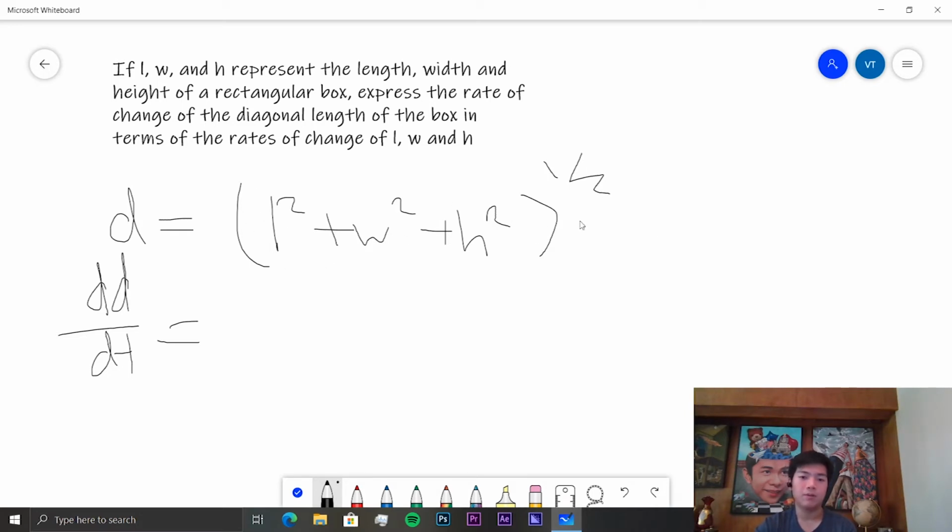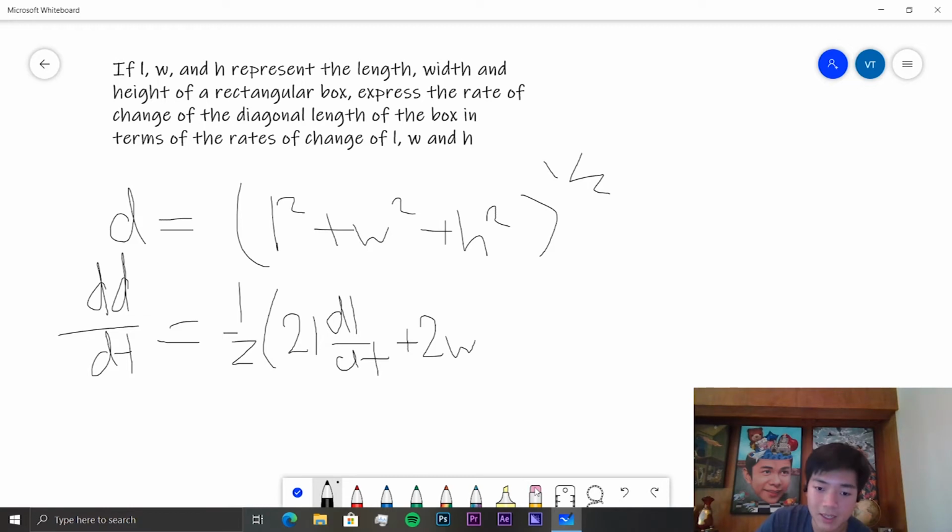So if we want to differentiate this with respect to time, writing this as the power of 1/2, well, what would we get? We would get 1/2 times, if we differentiate the inside, 2L times dL over dt plus 2W times dW over dt plus 2H times dH over dt.